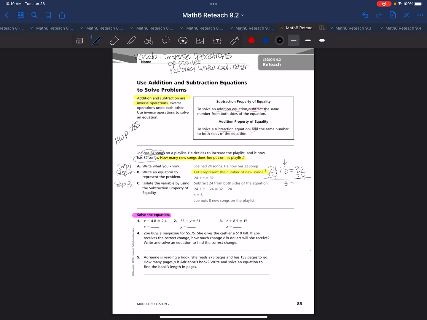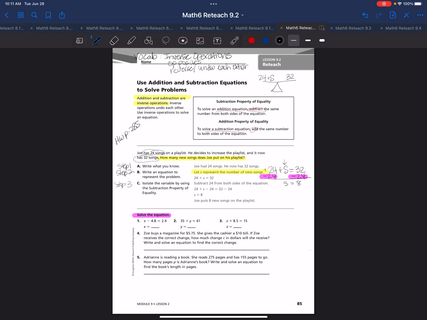So S equals 8. You can also think of this as a balanced scale. On this side of the equation is 24 plus S, and on this side of the equation is 32. So what I do to one side, meaning if I'm going to subtract 24, I must subtract 24 from the other side so my scale stays balanced.